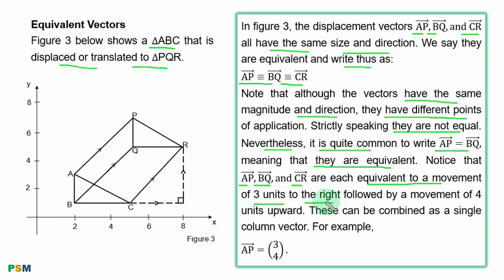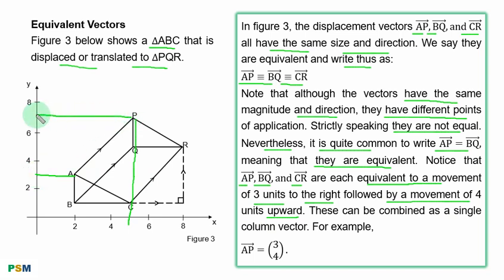Let's explain that. Let's take AP. For instance, this is AP. If you trace this point down, you have 2. If you trace here down, you have 5. So 5 minus 2 is 3. So the movement is 3 units, followed by a movement of 4 units upward. If you take AP also, if you trace here, here is 3, then you have 7.